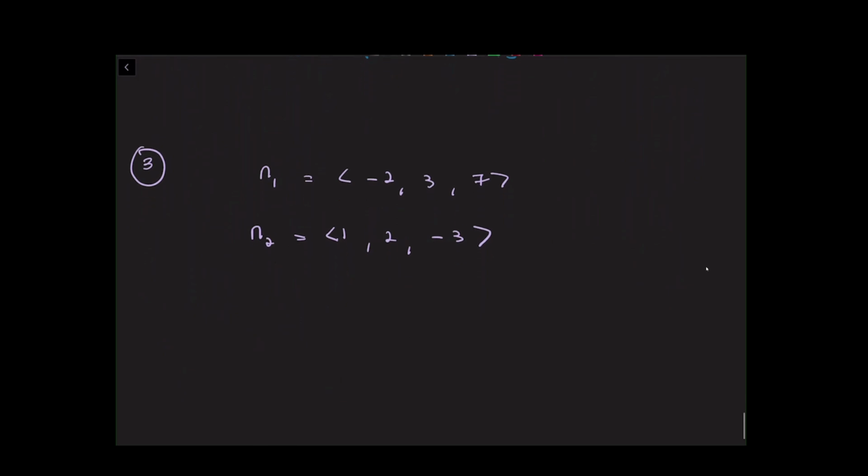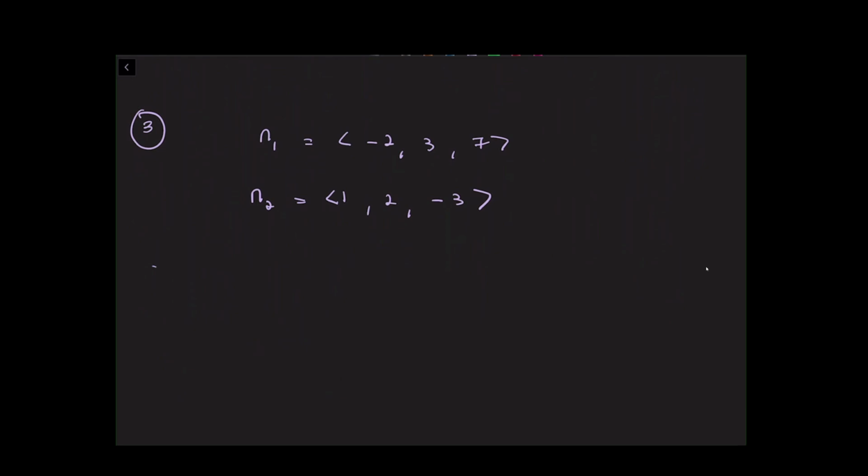So let's write that they are not parallel, since there does not exist a real scalar k that satisfies k n1 equal to n2. So the normals are not parallel, which means that the planes are not parallel as well. That takes care of part A.